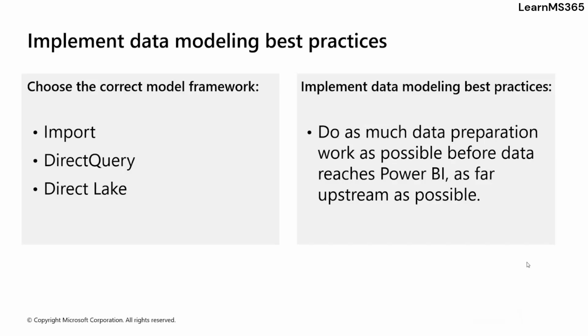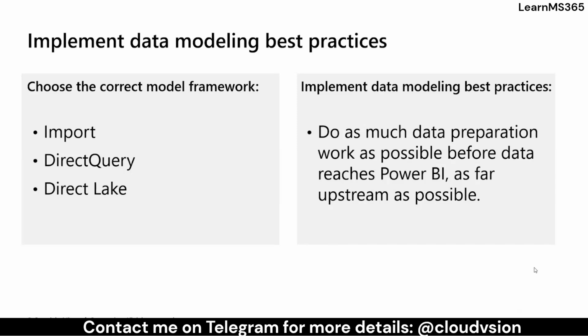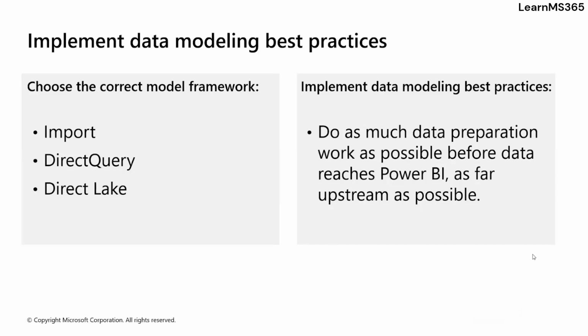The need for complex DAX also leads back to the key principle of applying transformation as far upstream as possible. For that, you may need to work with the data engineer to apply transformation at the source.